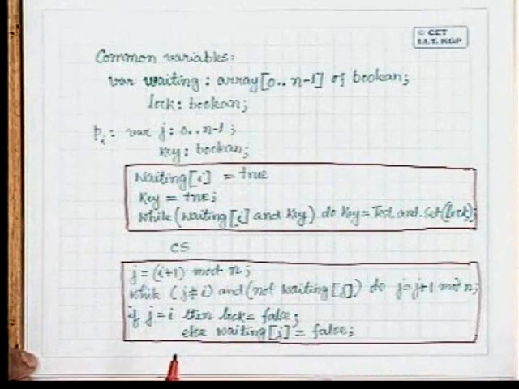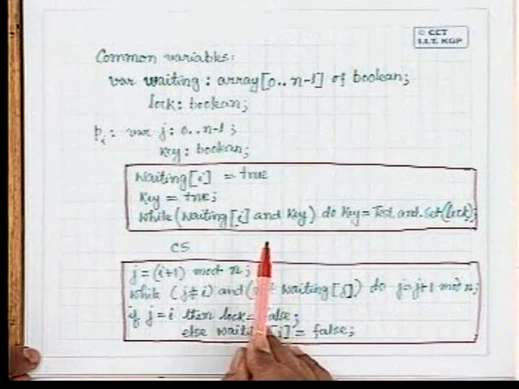This way every process will get a chance to enter the critical section, and before that process gets a chance, at the most n minus 1 processes can enter the critical section, not more than that. So from the time of putting the request to actually getting access to the critical section, at the most n minus 1 processes can enter in between. So that is also bounded.